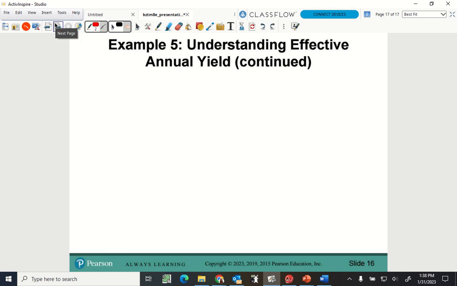So next page, A equals P(1 + RT). This is the simple interest formula. It's on the back of 8.3, the last formula I gave you on 8.3.